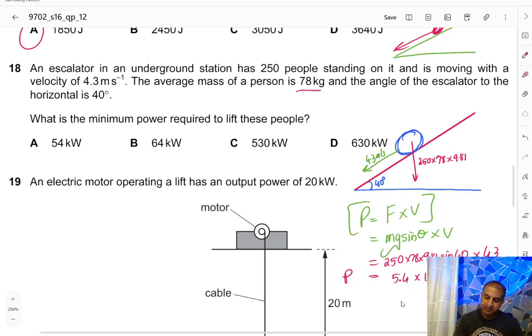I think I made a mistake. Let me just do it again one more time. I just want to calculate this thing. 250 multiplied by 78, just making sure that everything is in line, multiplied by 9.81, multiplied by sine 40.